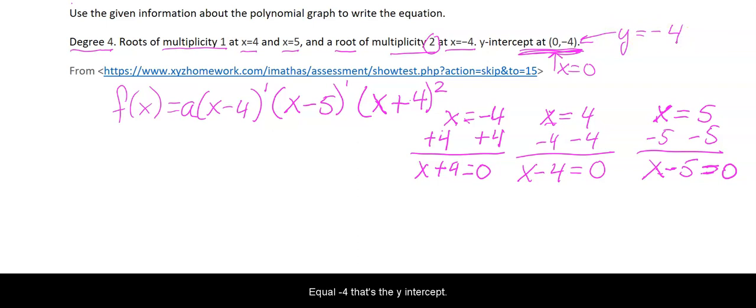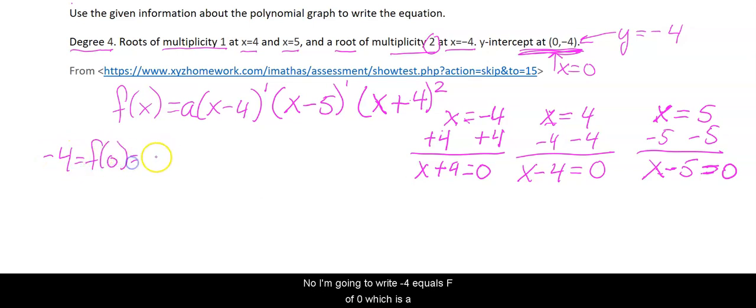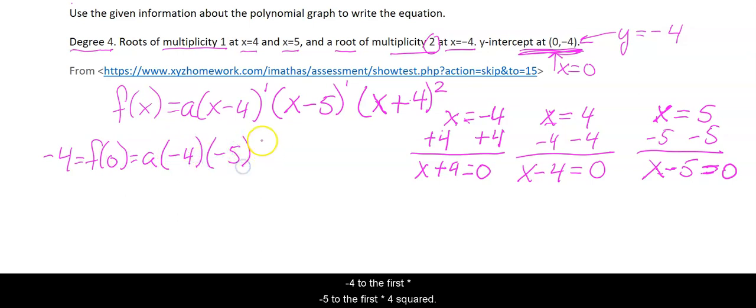That's the y-intercept. So I'm going to write negative 4 equals f of 0, which is a times negative 4 to the first times negative 5 to the first times 4 squared. This will let me solve for a. Multiplying out the right-hand side, negative 4 times negative 5 is 20. 4 squared is 16. 20 times 16 should be 320.